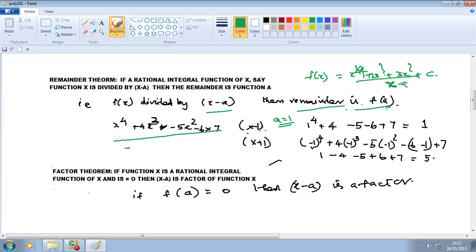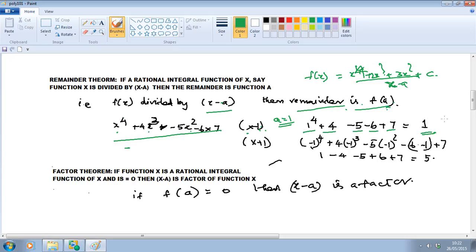In this equation, we replace x by 1: 1 to the power 4, plus 4 times 1 to the power 3, minus 5 into 1 square, minus 6 into 1, and this is plus 7. So we replace the value of x, and the remainder is 1. If you actually divide, you get 1 only. You can divide it and check.